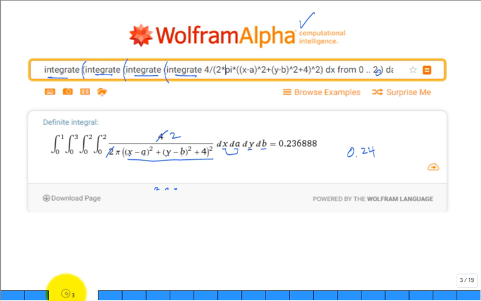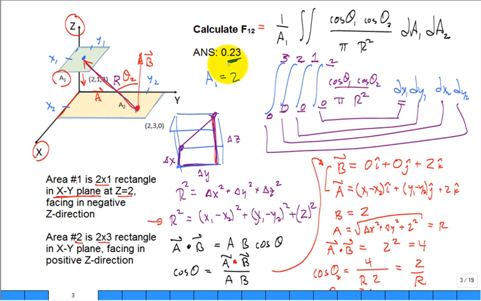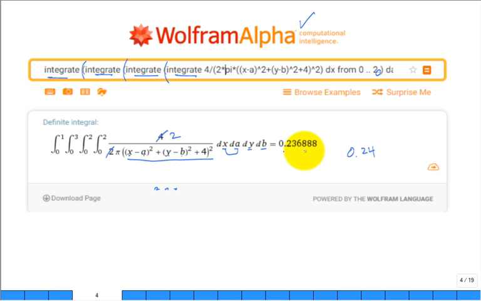Let's go back and look. Basically, 24% of the photons that leave surface 1 go down and hit surface 2. Where do the other 76% go? They go off and don't hit surface 2. They miss surface 2. But 24% do.